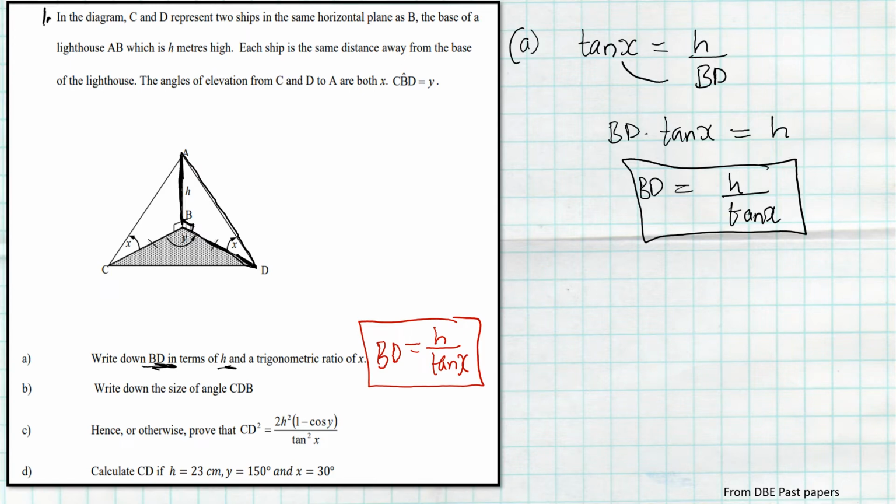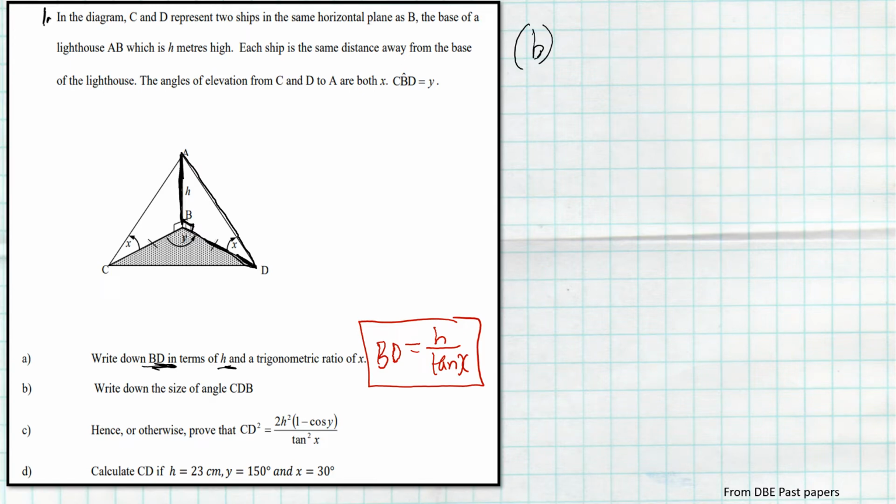Okay, B. It says write down the size of angle CDB. CDB is this one here.